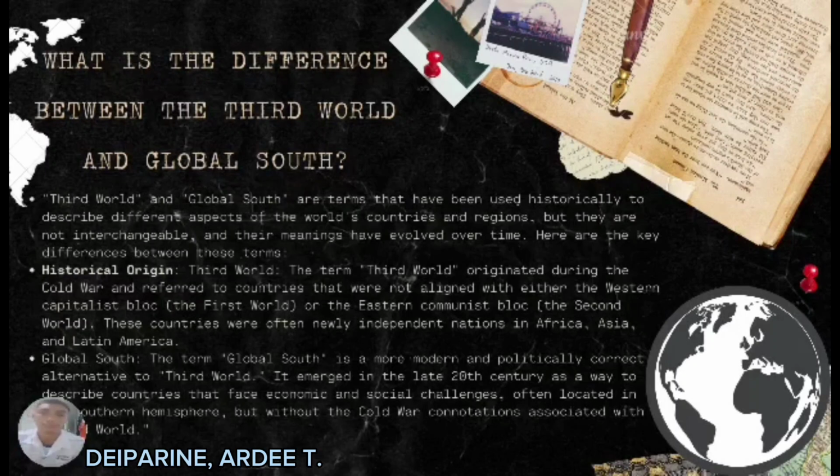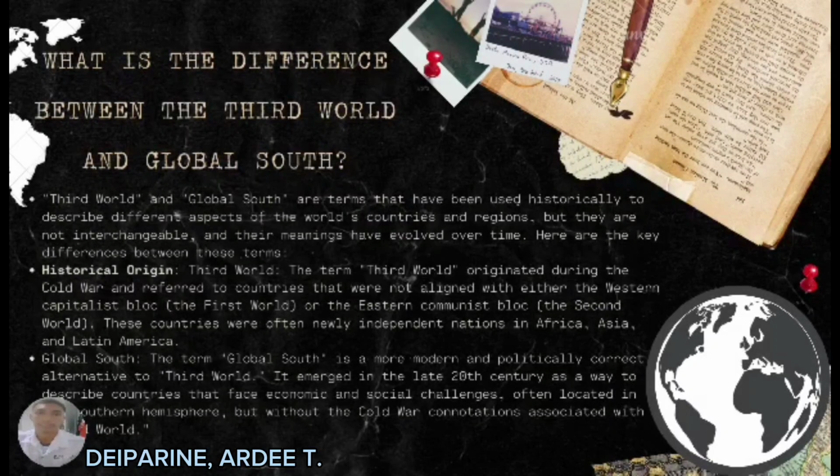Historical origin. Third World. The term Third World originated during the Cold War and referred to countries that were not aligned with either the Western capitalist bloc or the First World, or the Eastern communist bloc or the Second World. These countries were often newly independent nations in Africa, Asia, and Latin America.